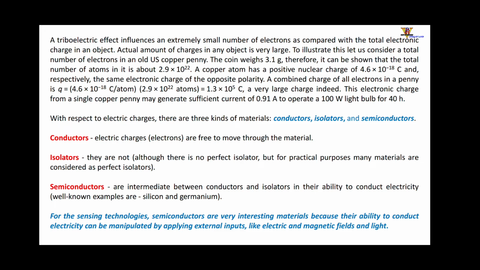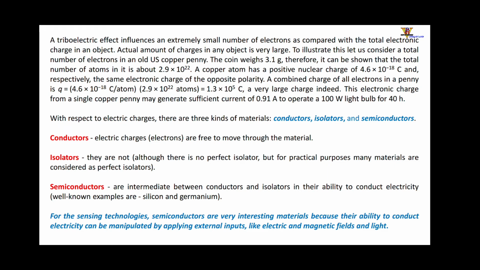Semiconductors are intermediate between conductors and isolators in their ability to conduct electricity. Their conductivity lies between conductor and isolator, meaning some electrons are free to move through the material. Well-known examples of semiconductors are silicon and germanium.